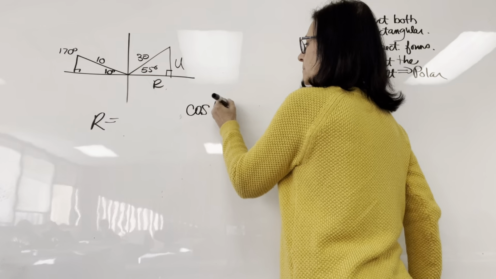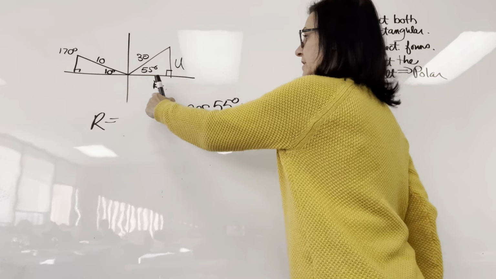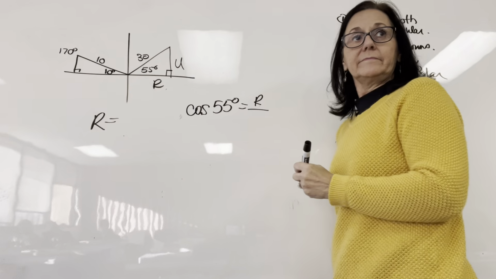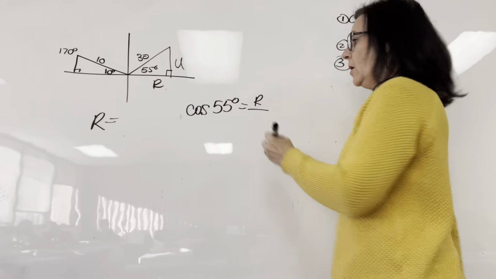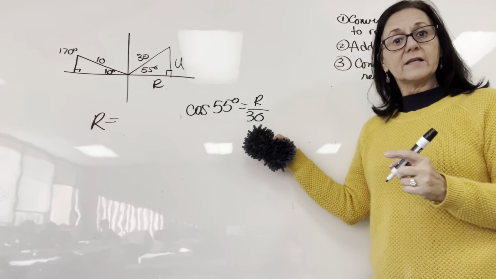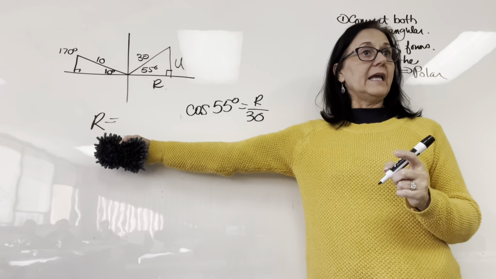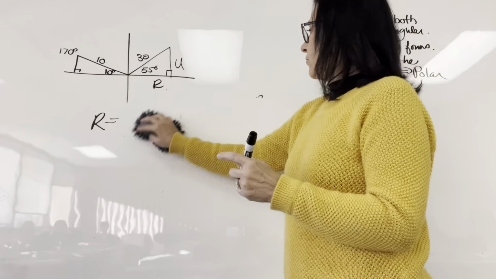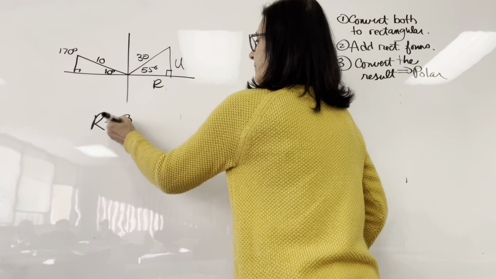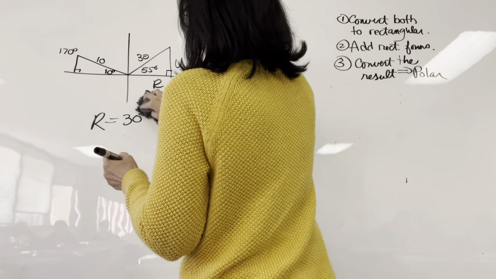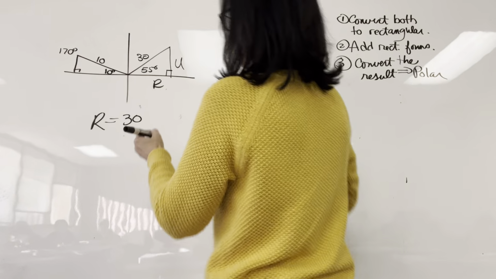Because the cosine of 55 degrees equals the adjacent over the hypotenuse, right? Do you understand how we get from here to here? So our R value is going to be the length of the vector times cosine 55 degrees. U is going to equal the same thing except sine: 30 times sine of 55 degrees.